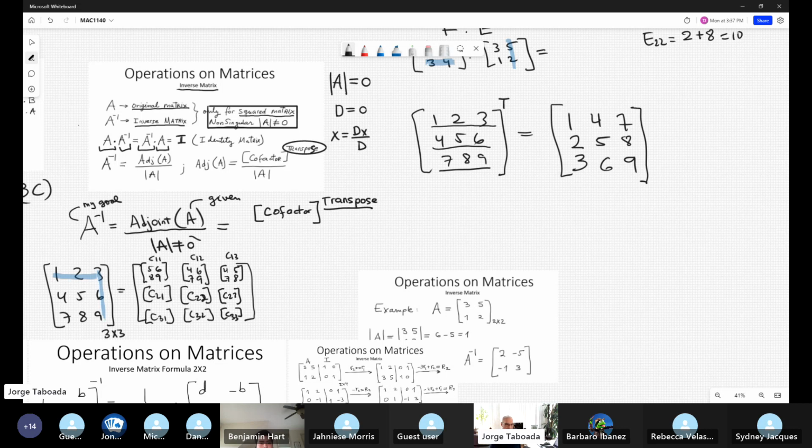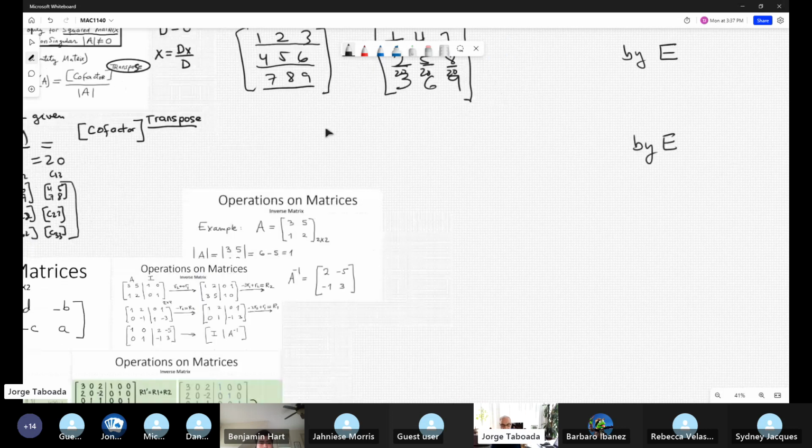Actually, this is just a number. Suppose it is 20. You divide by 20 each entry, one by one. So the formula, let me repeat again. It's complicated, but don't worry too much about this.